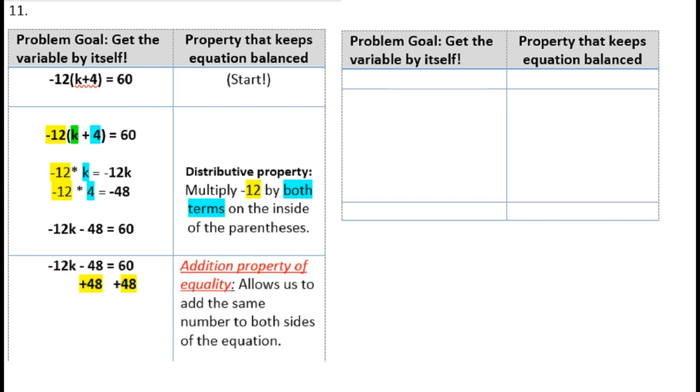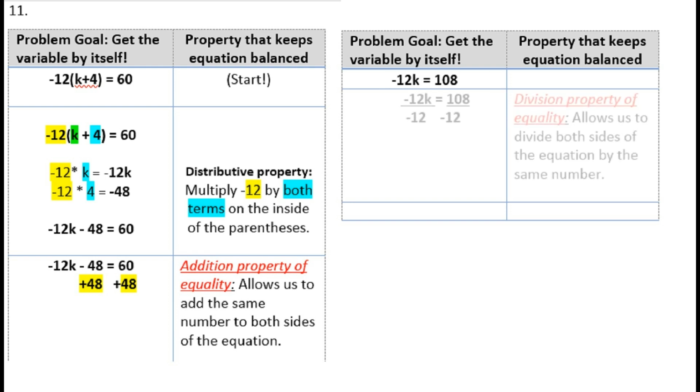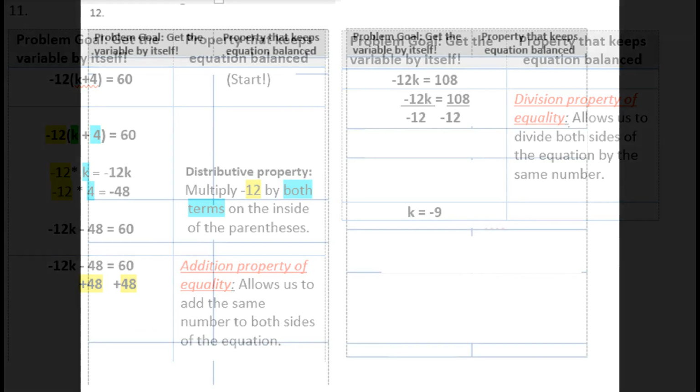So we end up with negative 12k minus 48 equals 60. First thing we do is add 48 to both sides, and that will get rid of that negative 48 on the left-hand side. And then we have negative 12k equals 108. So the division property of equality kicks in. We divide both sides by negative 12. We have here k equals negative 9. All right, k equals negative 9.